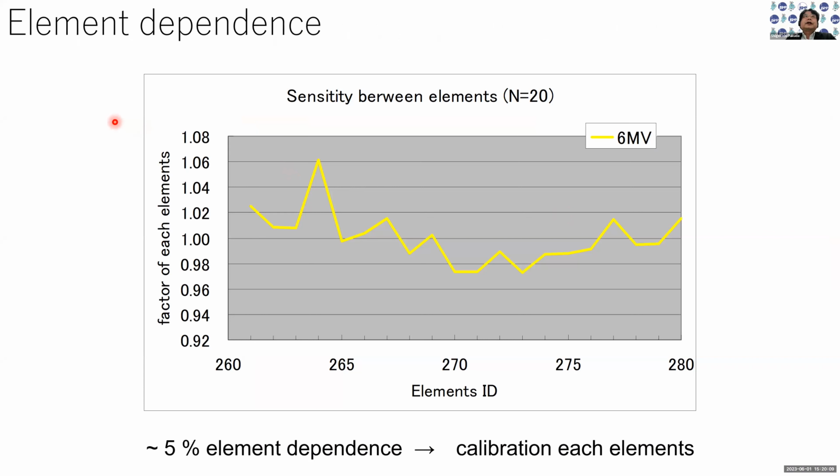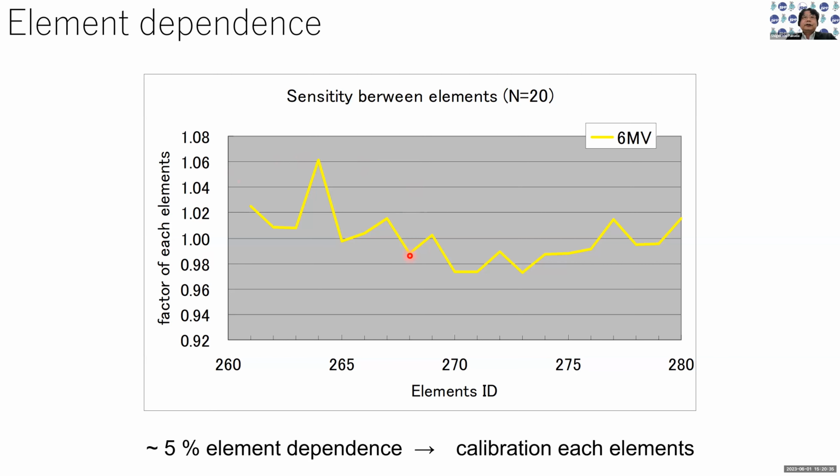These are results showing the dependence of each element of the glass dosimeter. From these results, we can decide the calibration factor of each element.